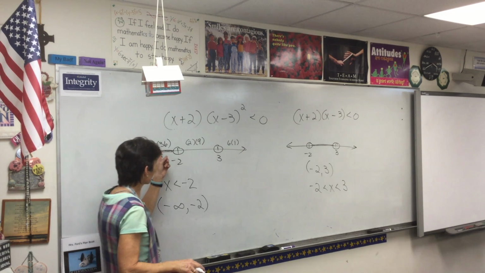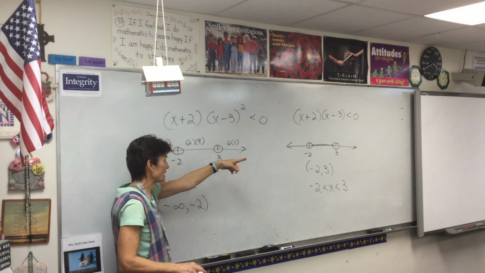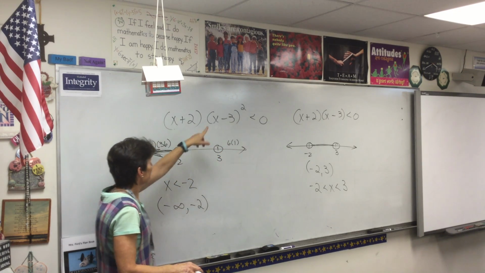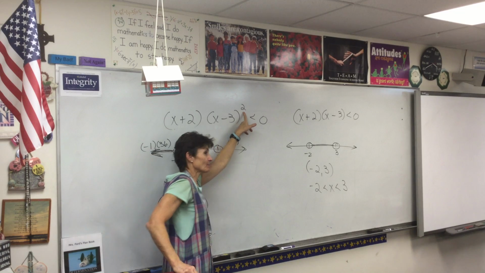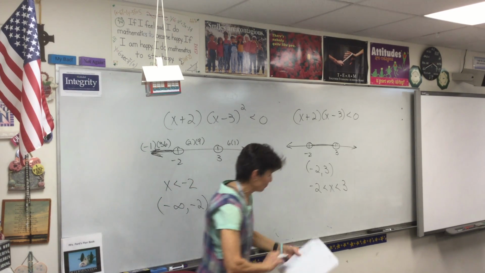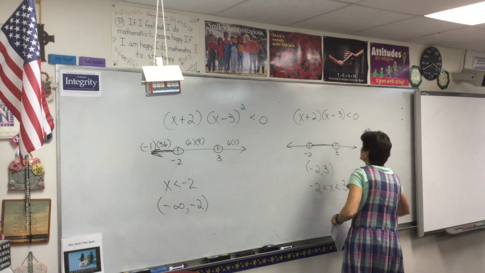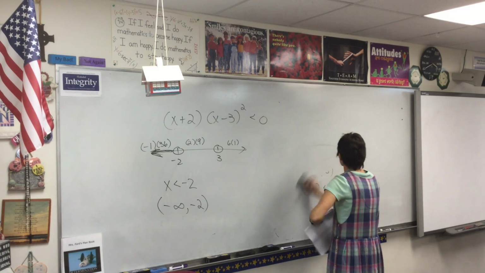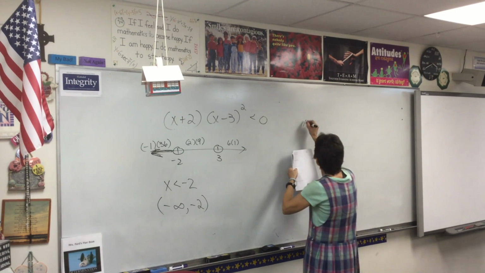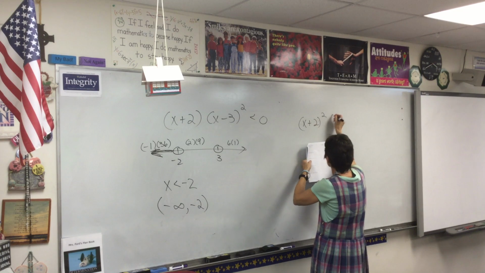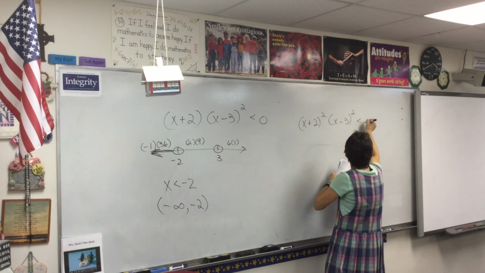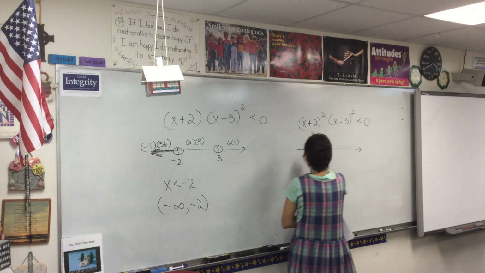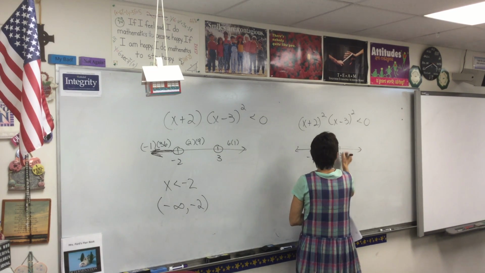Now, why did I have to go through and do all that extra work that I didn't do in the first one? Because of this, right? So we're going to do one more. We're going to do problem 3 because it's got 2 squares in it. All right, dots are at the same place then.